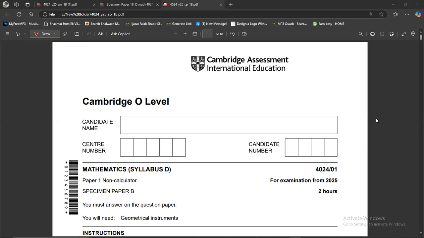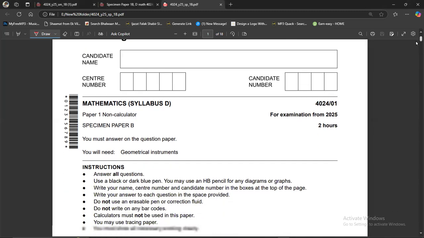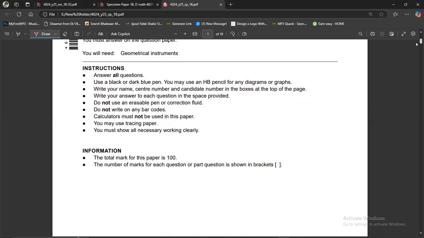On your screen, the specimen Paper 1, non-calculator. This is the B paper. Cambridge has issued 2 specimen papers related to Paper 1 for the examination starting from 2025. The time allowed for this paper is 2 hours, and the calculator is not allowed.